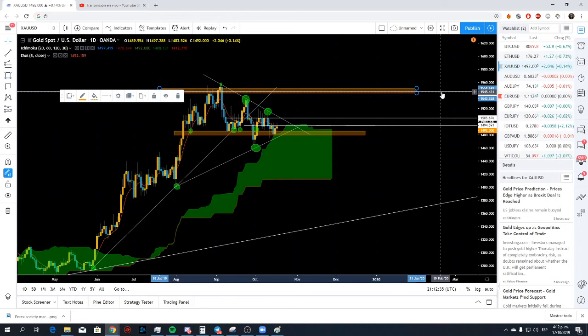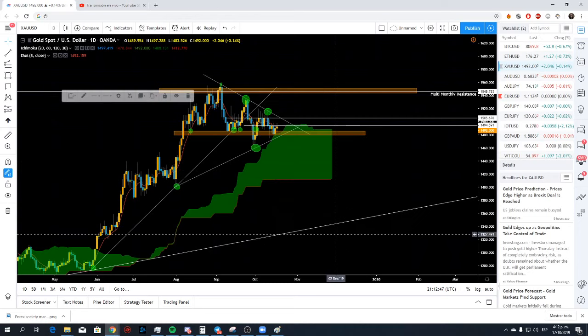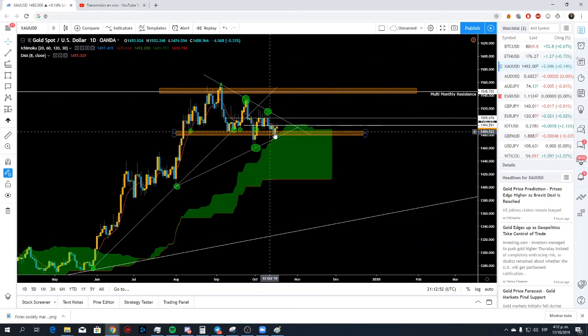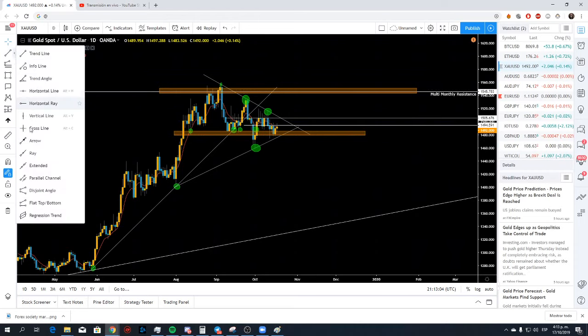This is like a monthly support, monthly resistance. And we got this big support. So I wouldn't do anything right now with gold, you know, until price breaks this trend line or breaks below this trend line.